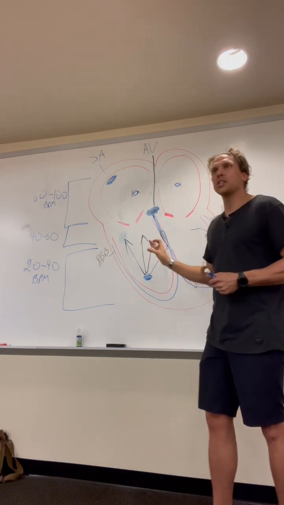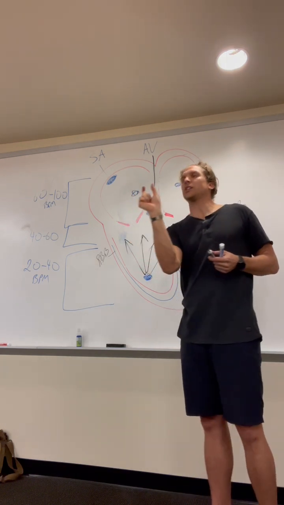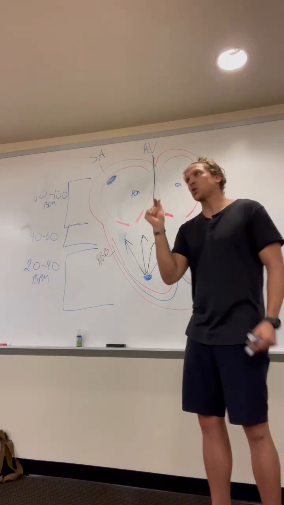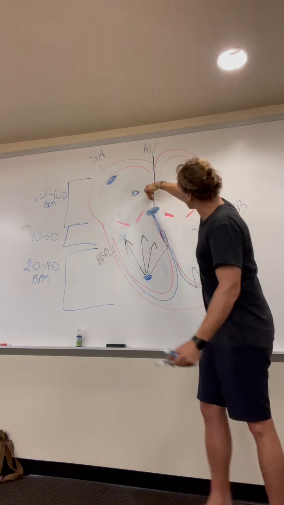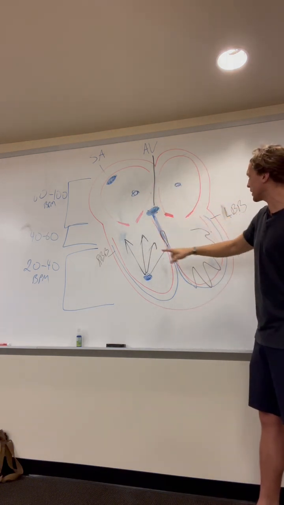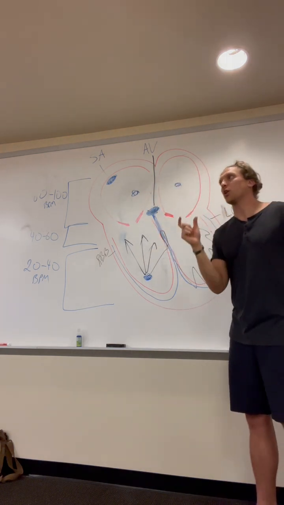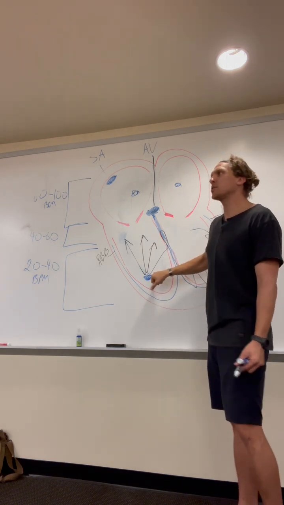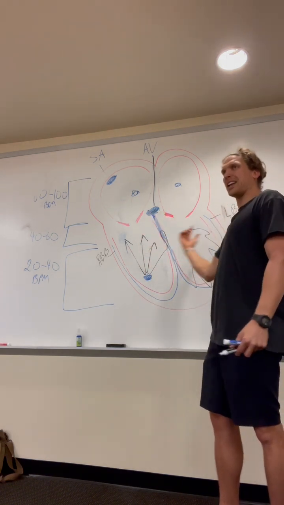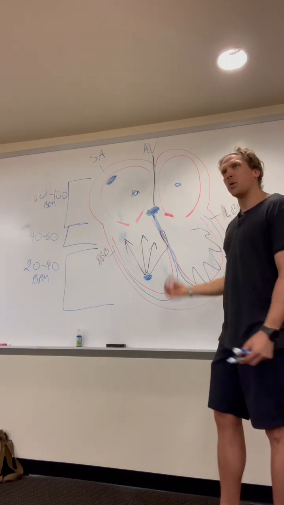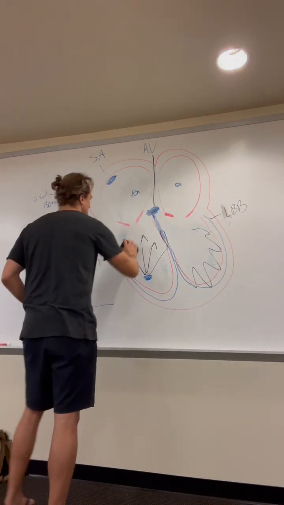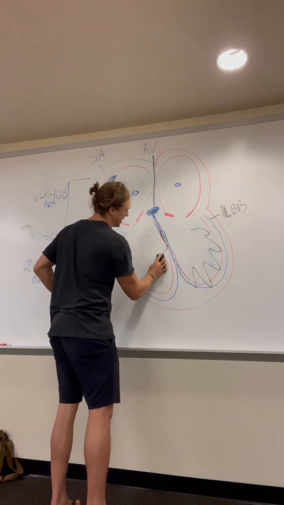It took a long time. Because it took so long, it shows up as a wide QRS on our EKG. So a narrow QRS happens because electricity is shooting down these bundle branches, and a wide QRS happens because the electricity is coming from somewhere outside of this bundle branch system, and it takes longer to get from point A to point B.